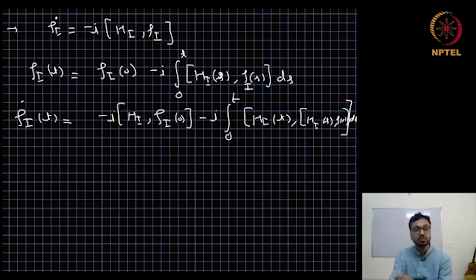This is the recursive solution of the dynamical equation in terms of ρ_I. Let us drop the subscript I. From here on, every state and Hamiltonian is in the interaction picture, so we don't need to write the subscript I, which represents the interaction picture, and this will make the expression a little bit simpler.